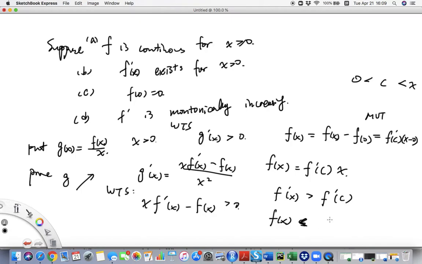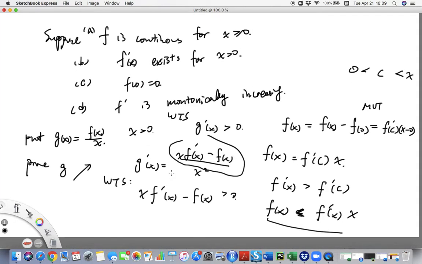Okay, so F of X is less than F prime of X times X, and that is equivalent to saying the numerator is greater than 0. Okay, so G prime is greater than 0, so G is monotonically increasing. Okay, all right.